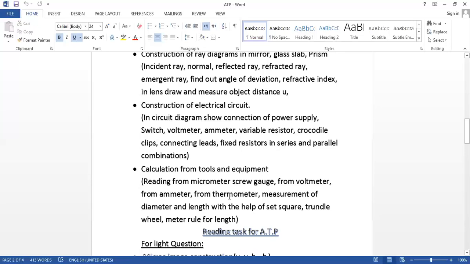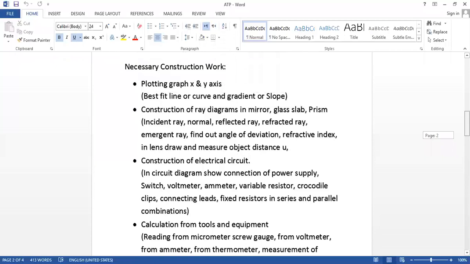And thermometer, measurement of length from set square, how to use set square. And also trundle wheel, meter rule. So first you will do practice of all these construction work.